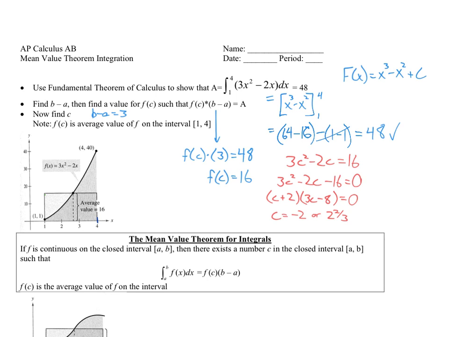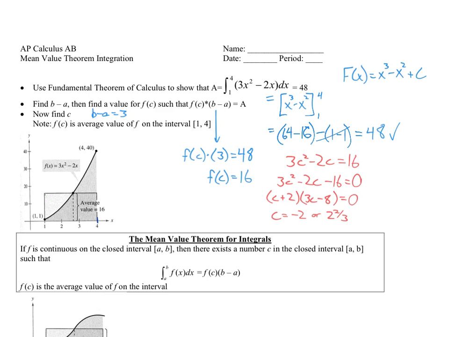Now, I got 2 different answers, but notice one of those 2 answers is in the interval from 1 to 4. Okay? And that brings us to what our mean value theorem for integrals is really telling us.